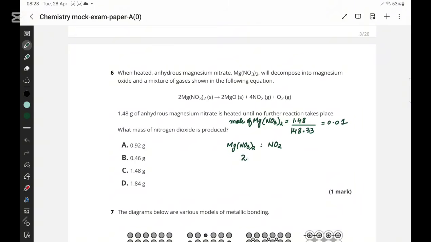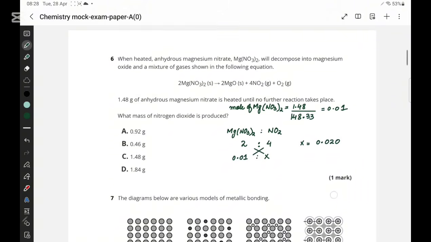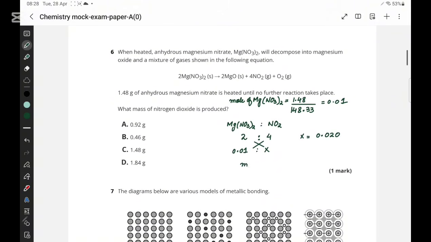It comes out to be 2:4, and if it is going to be 0.01, then that is going to be X, and by cross multiplying, X is equal to 0.020.